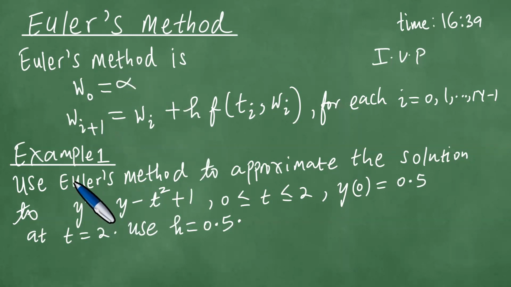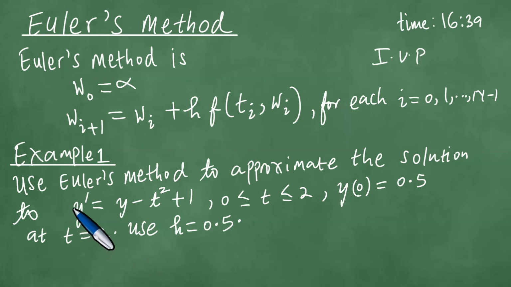But let's look at this example, because what happens in the assessments in the exam is that you are just given a problem and you're asked to solve it. Normally the problem is in terms of y and x or y and t. I chose y and t here, but it can be any variable.